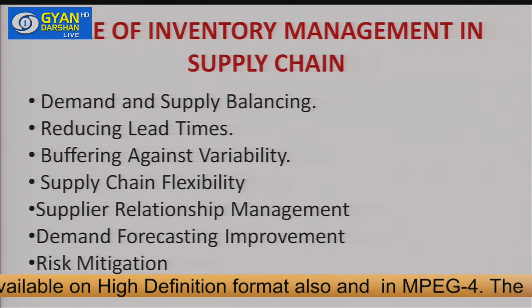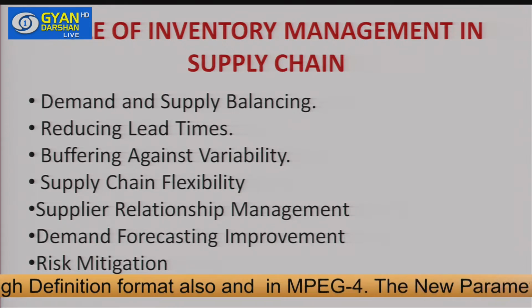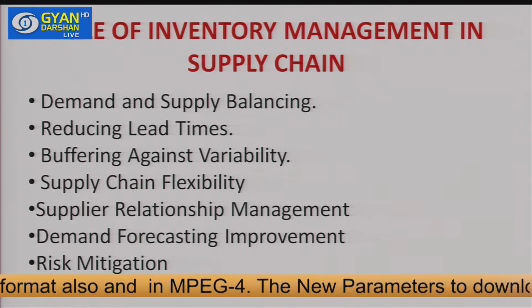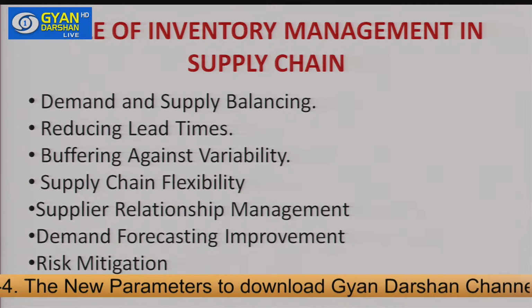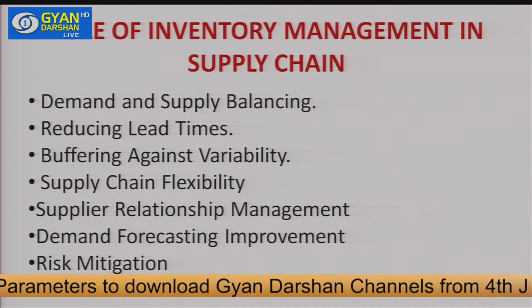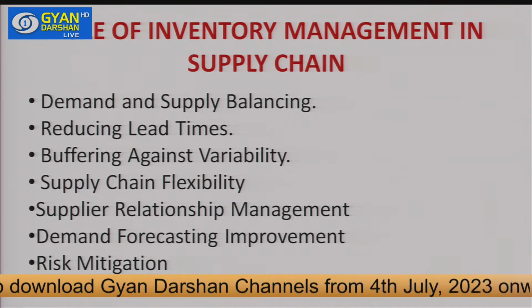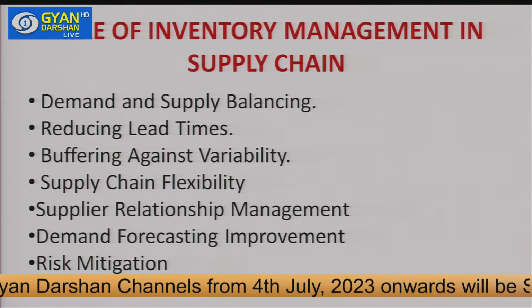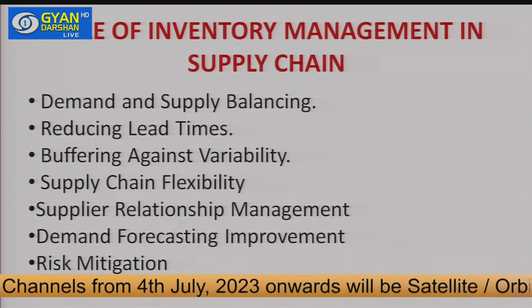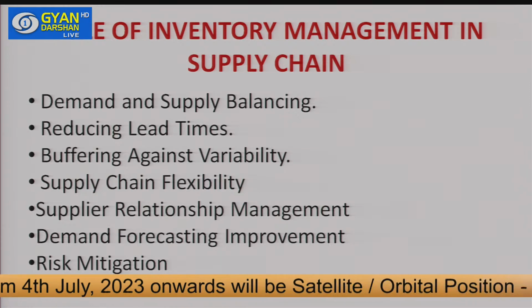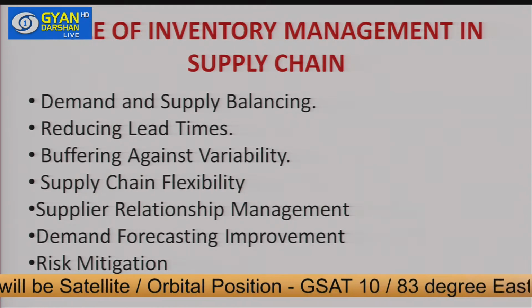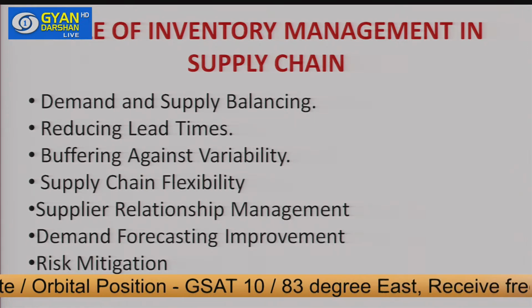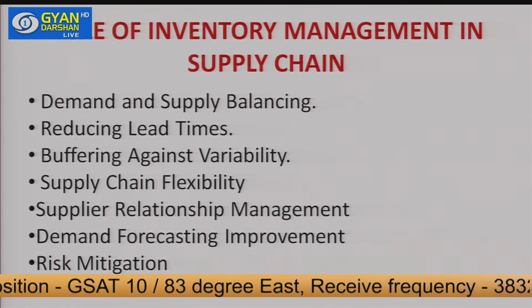Then with the help of inventory management, we are providing supply chain flexibility, so our supply chain is flexible enough to adapt to any change. The example of Dell computers is very well known: they are flexible because they keep effective inventory management.